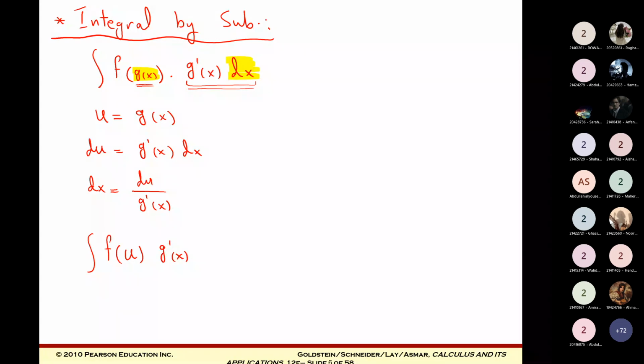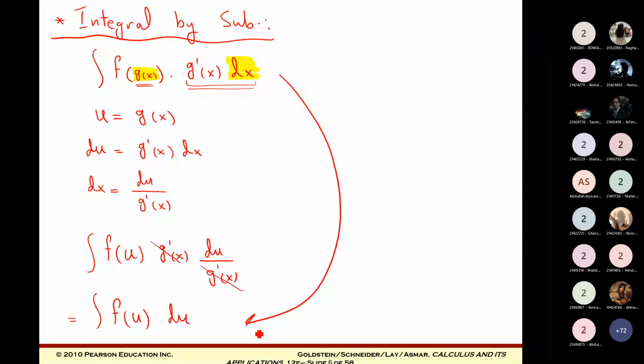And what's the value of dx? dx equals du over g prime of x. Now we can cancel g prime with g prime, so we have in the final formula the integral of f of u du. So we converted this formula to this formula by substitution, where u equals g of x.